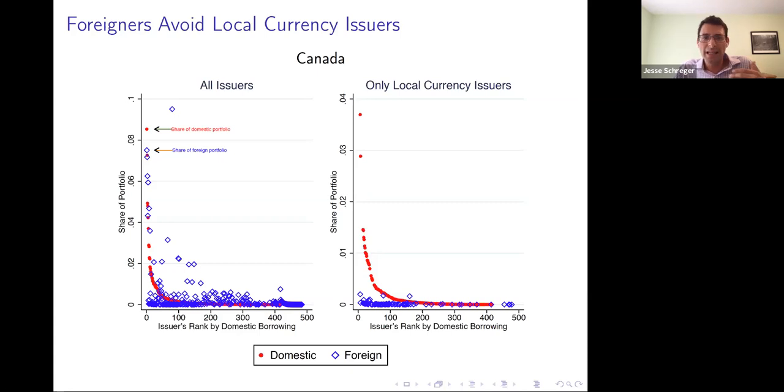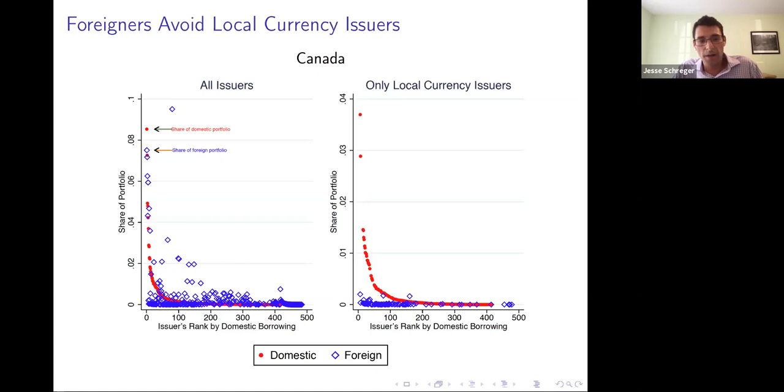The key here is that foreign investors are going to completely avoid local-currency-only issuers for Canada. This is a complicated graph, so I want to go through it very carefully. Please do interrupt if something isn't clear. On the x-axis, we sort firms according to the size of their borrowing.